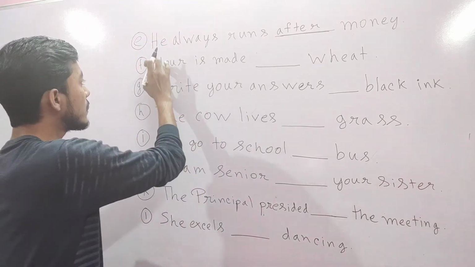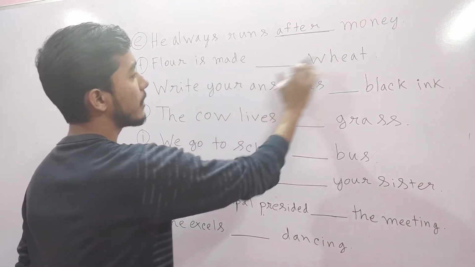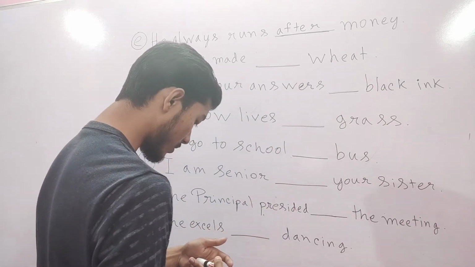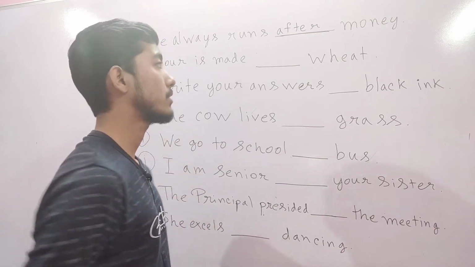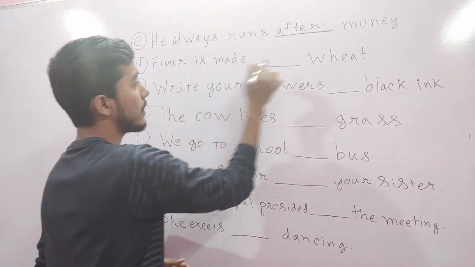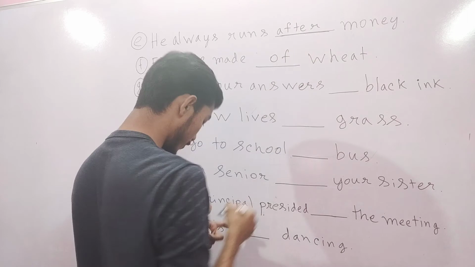Next, flour is made dash wheat. Now this is very easy, but we generally commit mistakes here. Remember two things here. Flour is made of wheat.